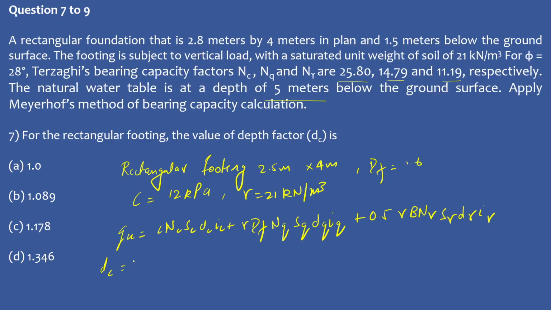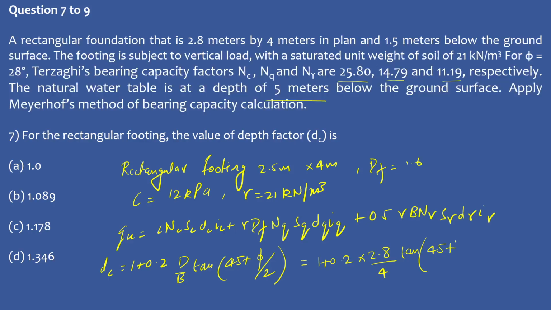So for calculating the depth factor, 1 plus 0.2 D by B tan(45 plus phi by 2). D by B. So Dc will come out as 1.17.